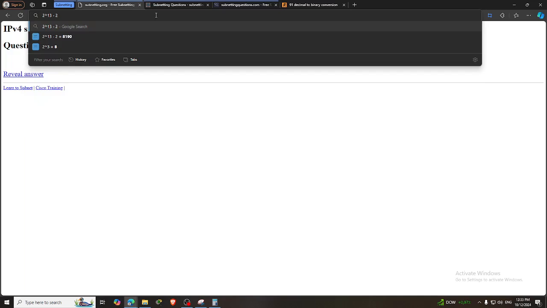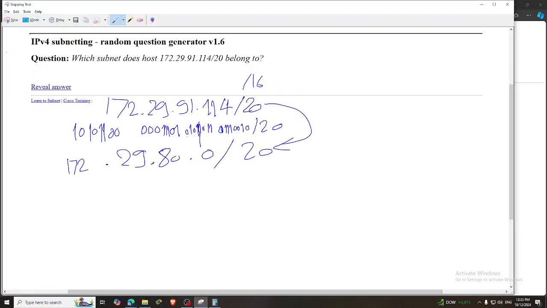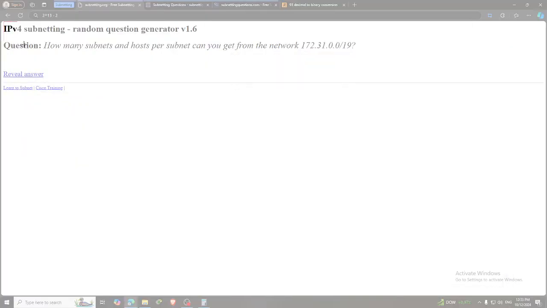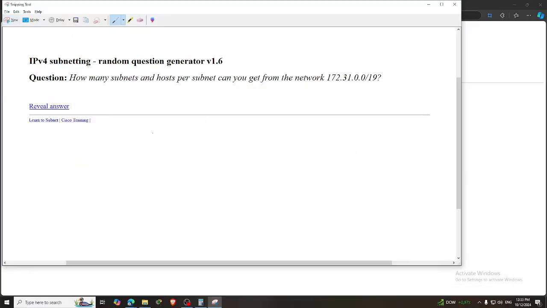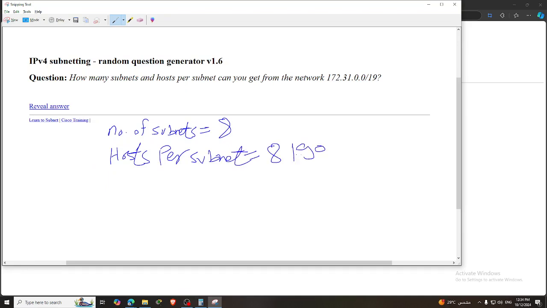So the number of subnets is 8, and hosts per subnet equal 8,190.